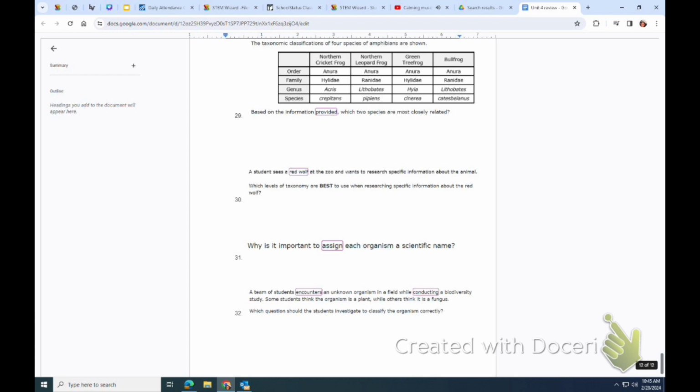All right. Here is a taxonomic classification of 4 species. Based on the information provided, which 2 species are most closely related? Oh, that was close. Alex was first? Okay. Northern leopard frog and bullfrog. Yep. Number 30.